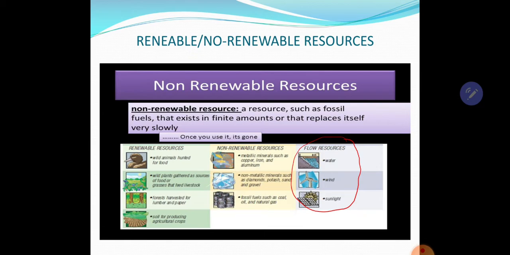In some of the CBSE textbooks, it is given like that: flow resources like the water flowing in the river, wind, and sunlight. They are there, but only when we use them. Okay. So there are three further classifications: renewable, non-renewable, and flow resources.